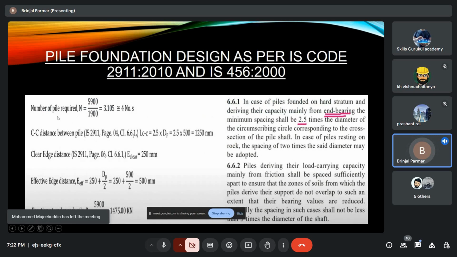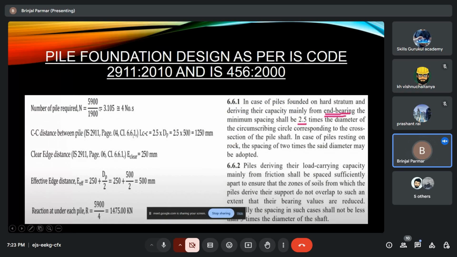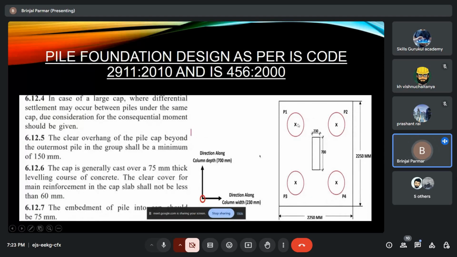First of all we have to find the number of piles. So we divide the factored load by the capacity of each individual pile. So 5,900 divided by 900, we get 4 number of piles. Second, center to center distance between piles, like this P1 to P2 distance between the piles.